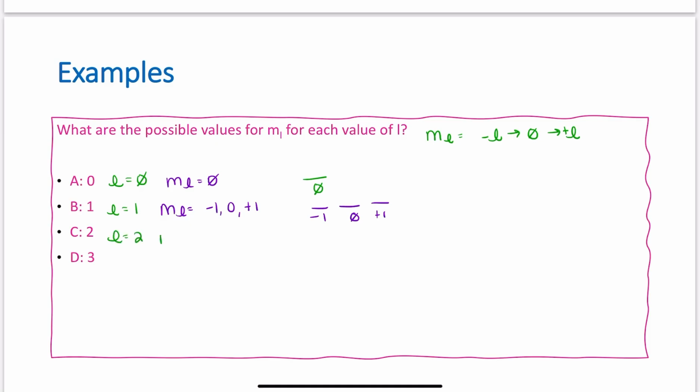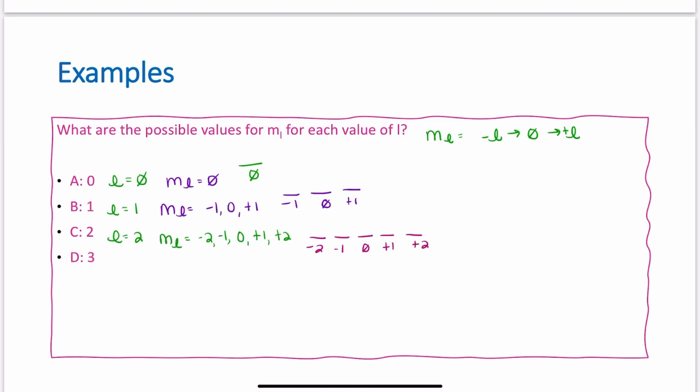When L is equal to 2, my m sub L values are negative 2, negative 1, 0, plus 1, plus 2. I have 5 degenerate, meaning equal in energy, orbitals, and these are my d orbitals.